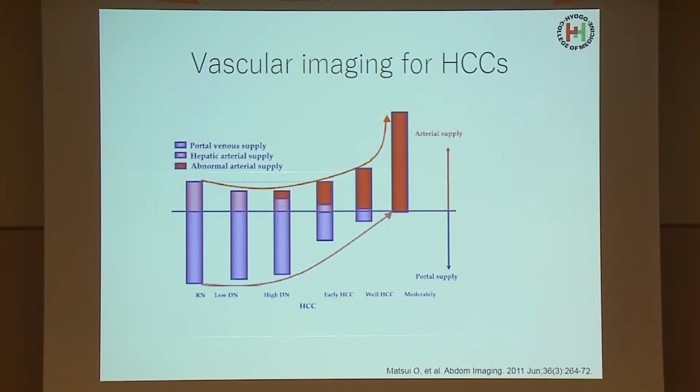On the other hand, arterial blood supply first decreases in the early stage of hepatocarcinogenesis and then rapidly increases. And finally, the entire nodule is supplied only by artery in moderately differentiated HCCs.